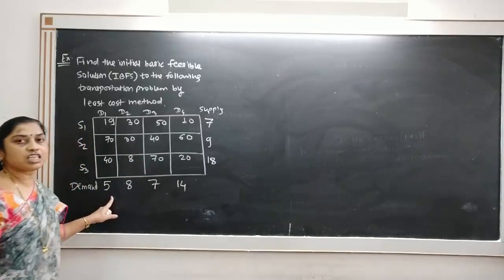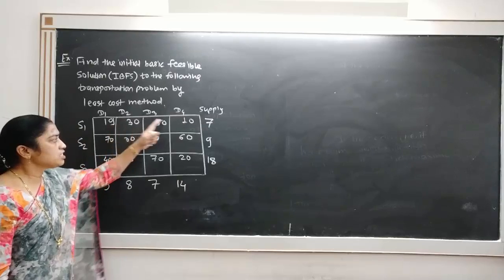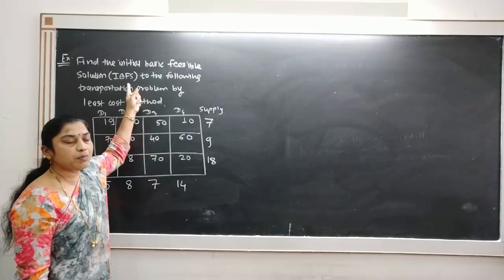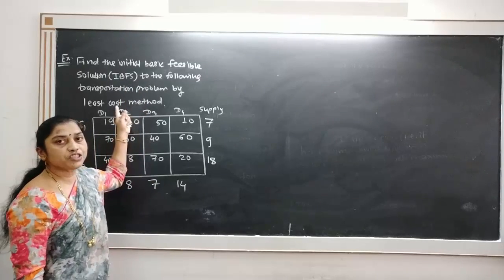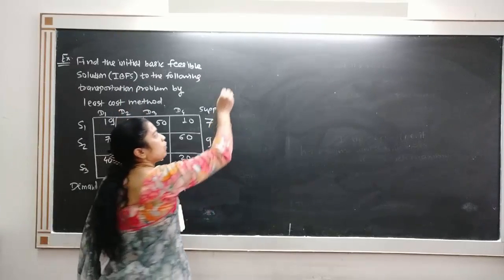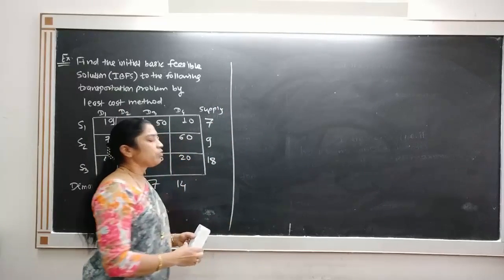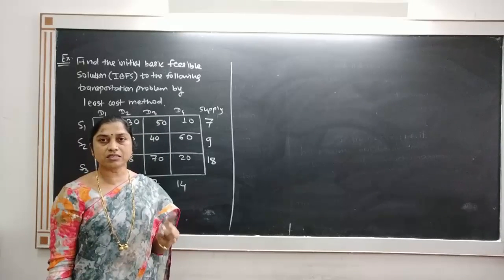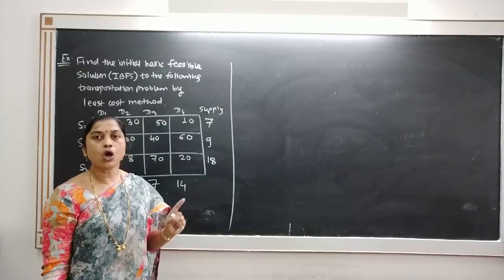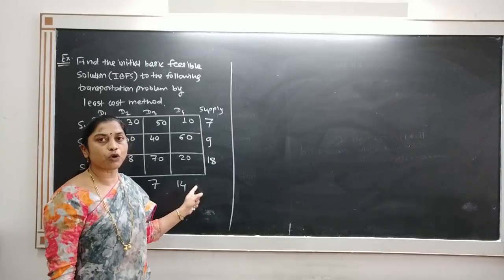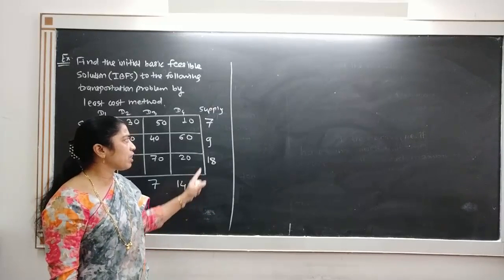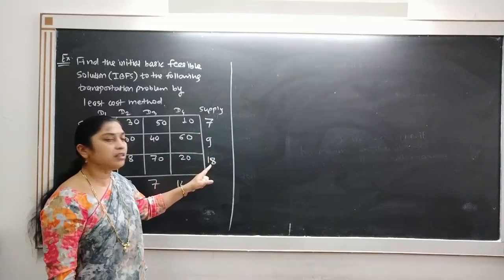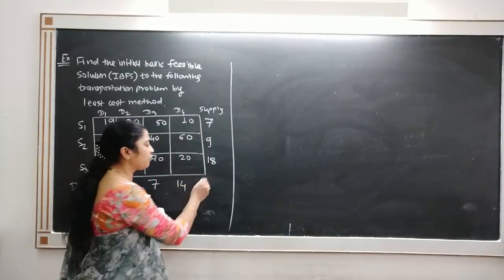For this transportation problem, we want to find the initial basic feasible solution by the least cost method. In the least cost method, the first step is that the transportation problem must be balanced. Then only we are able to solve it. So check whether the problem is balanced. Total supply is 7 plus 9 plus 18, that is 34.